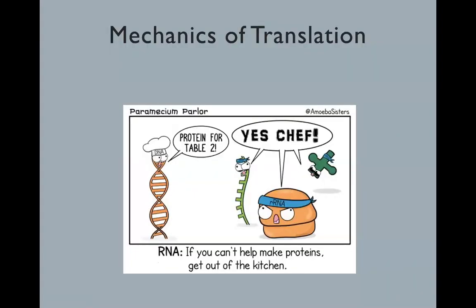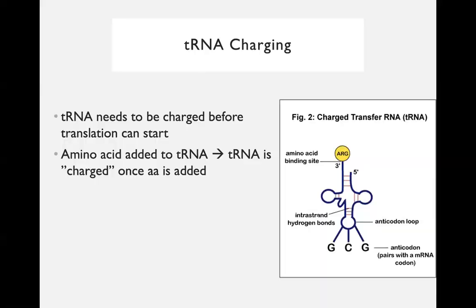The mechanics of translation. So what's actually going on? You kind of understand the tools that are needed and sort of that base pairing process. I talked about tRNA charging. Just a reminder here what that means. Before translation can start, or before a tRNA can bring in an amino acid, they have to come together.